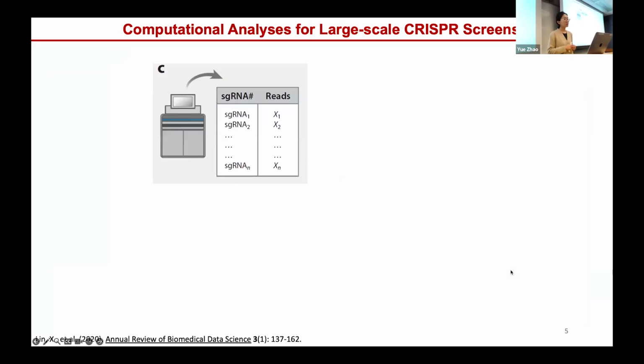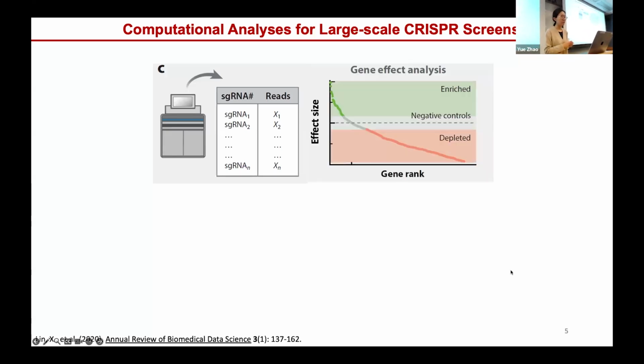The computational analysis for a large-scale CRISPR screen usually starts with the sequencing read data. We can have a tabular data with each row corresponding to each guide RNA and each column corresponding to each sample. After getting this tabular data, we can do some aggregation analysis to aggregate the guide RNA level information to gene level.